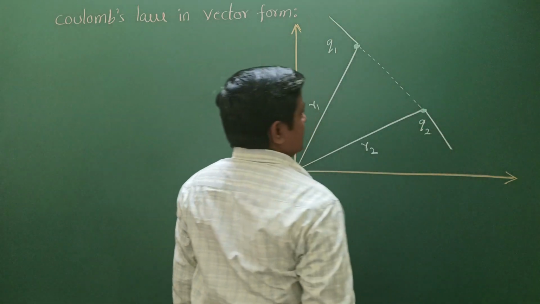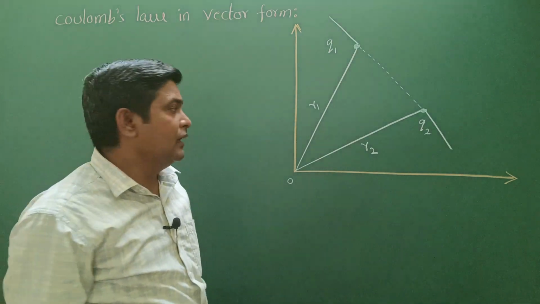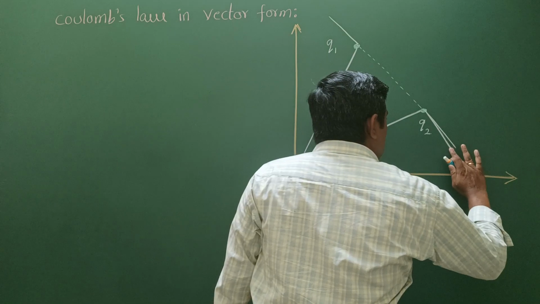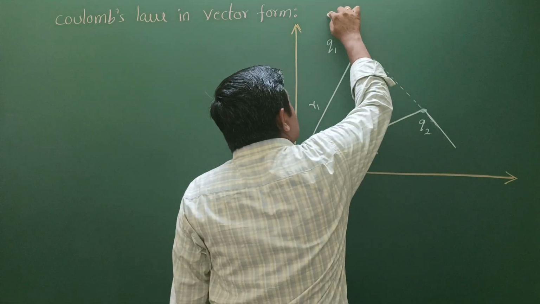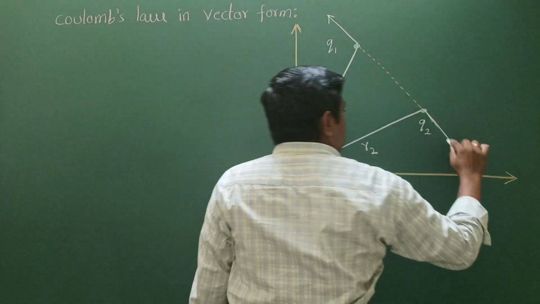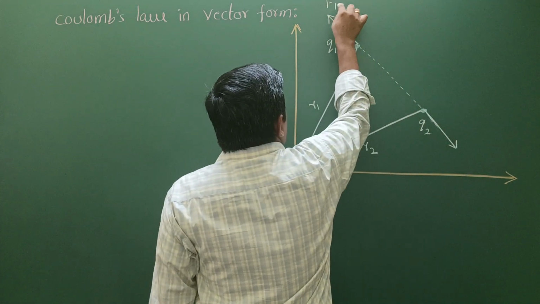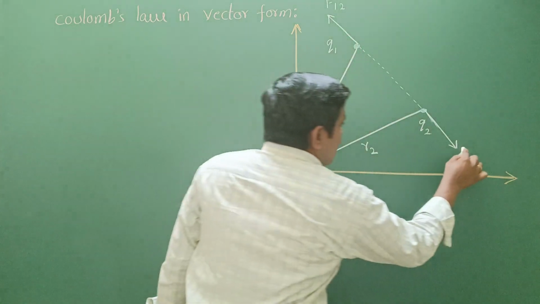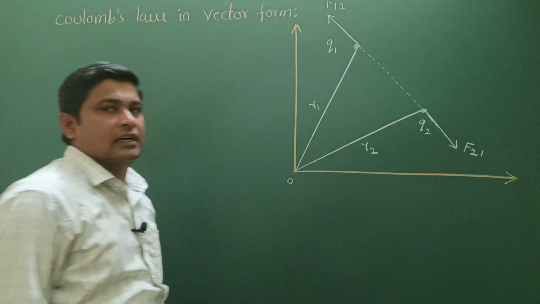For repulsion, the forces are quite opposite to one another. So this is F12, the force on the second charge by the first charge.